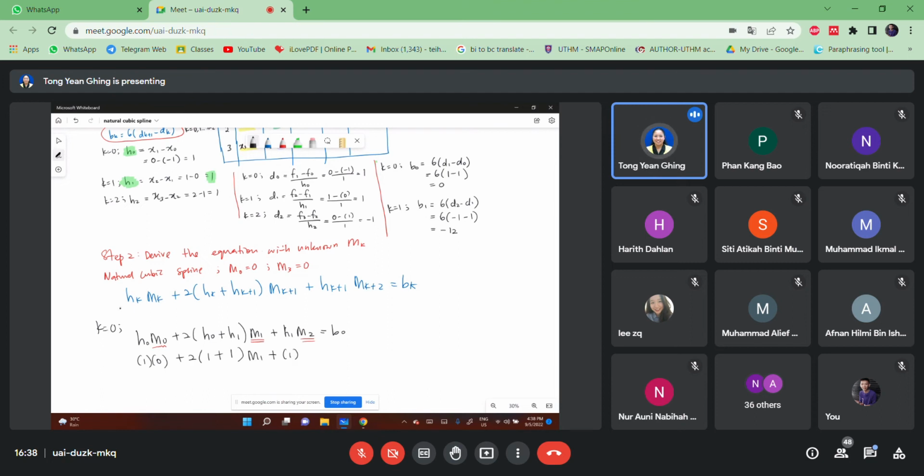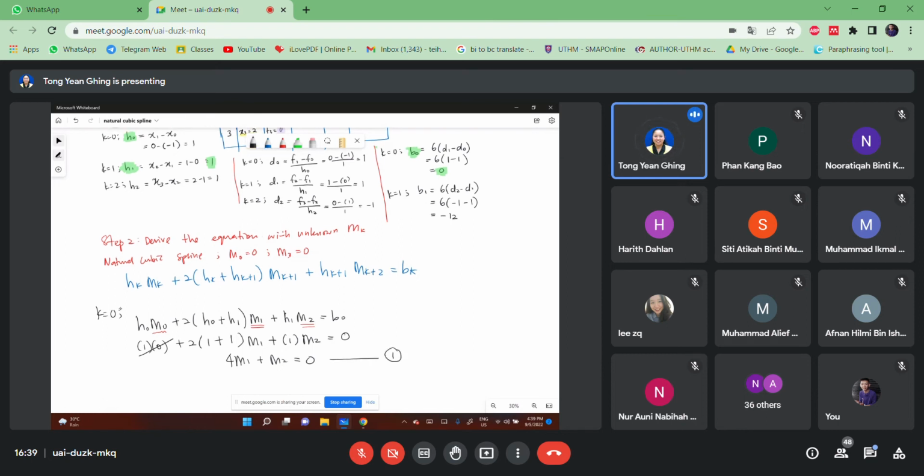And then H1 is 1, M2 is unknown as well. B0 is 0, so equal to 0. Nothing to cancel here. So that means 4M1 plus M2 equal to 0. So this is the first equation.